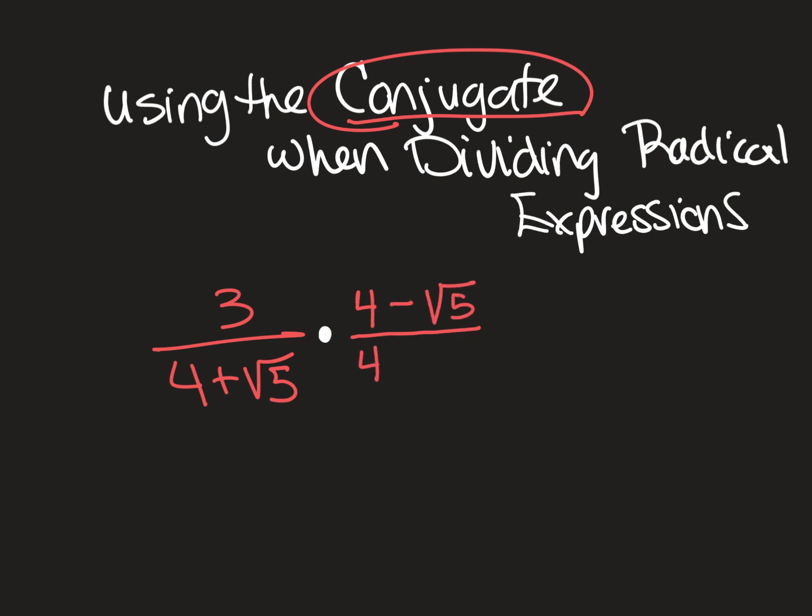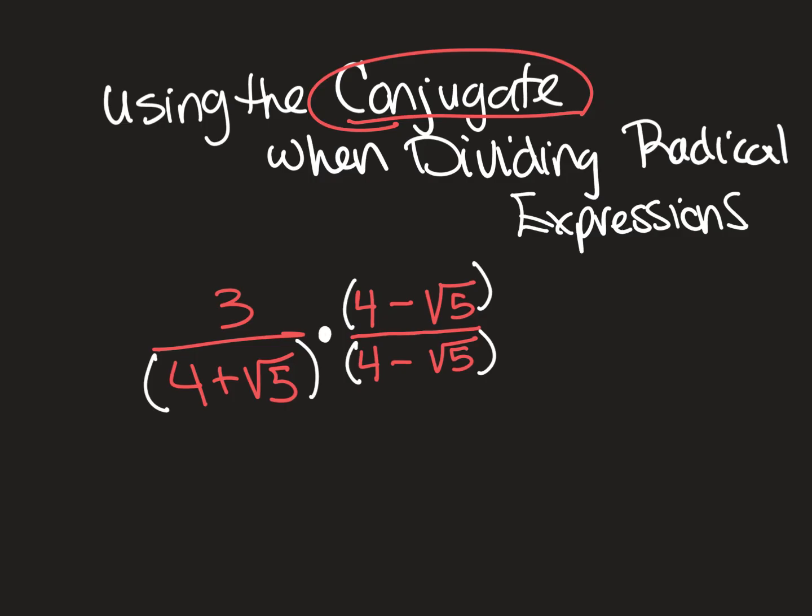So since the original problem is 4 plus the square root of 5, I am going to multiply the top and the bottom of the fraction by 4 minus the square root of 5. And I have to do it to both because that's the only way I'm keeping the fraction equivalent, right? If I change just the bottom and not the top, I've essentially messed up the proportion.